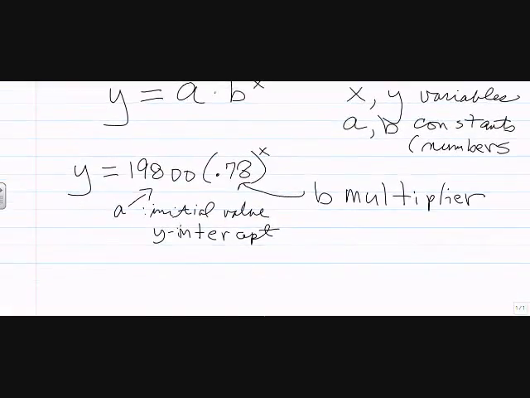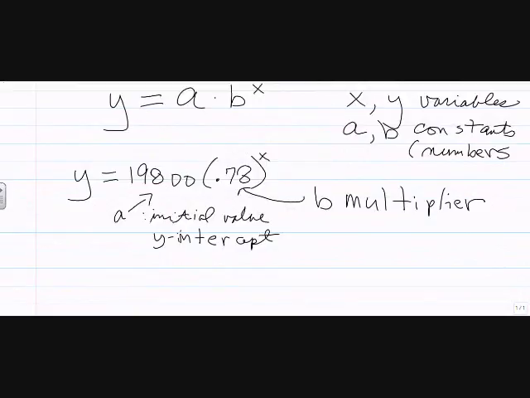And we'll do more of them today in the simpler form, a times b to the x, where I won't have such big numbers that you have to deal with. We have exponential functions that increase, that grow, like the Ford Mustang. So we can have a growth function.